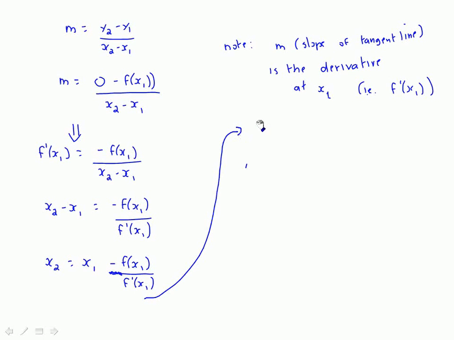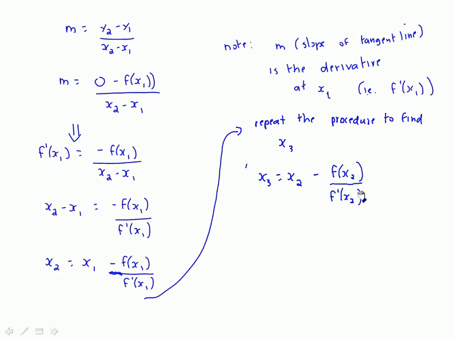So repeat the procedure to find x3. And the method would be the same. To get x3, you would take the previous point, which is x2, and then subtract f at x2 divided by f prime at x2.